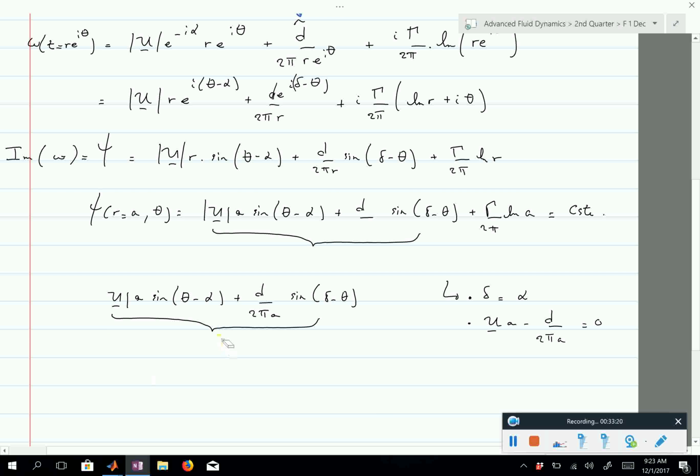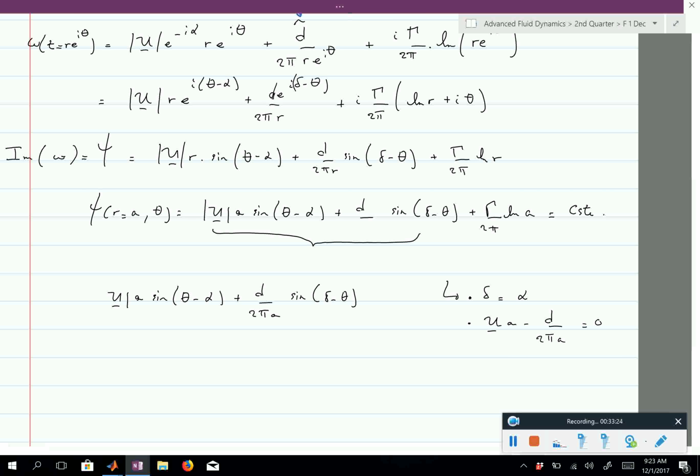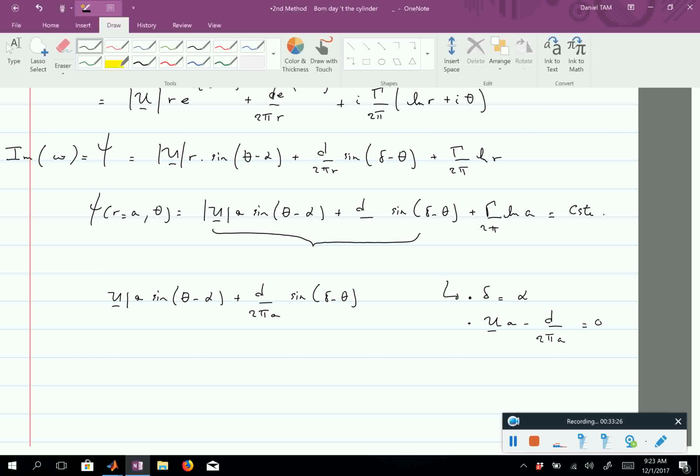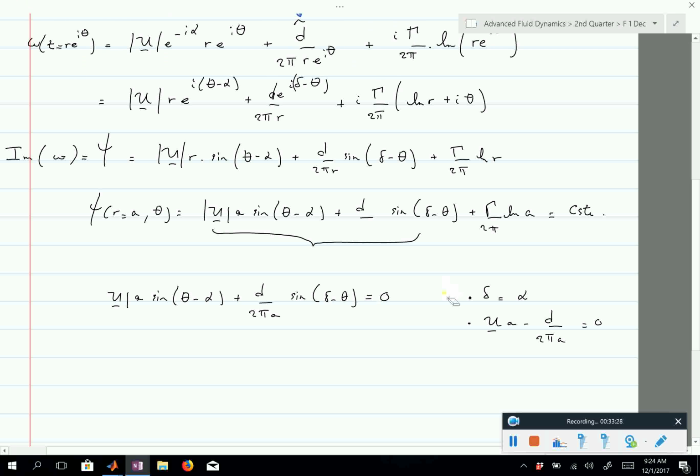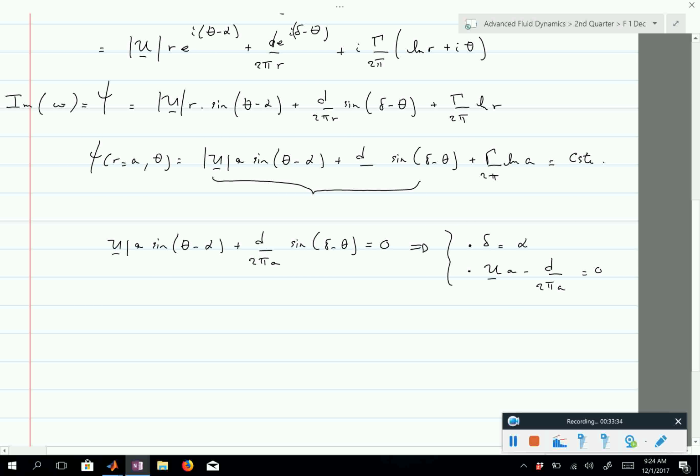So this here needs to be equal to 0. And so that leads to those two things. Right? So if we want this to be equal to constant, then those two terms need to cancel each other, which leads to delta equals alpha, and UA equals minus D divided by 2 pi.